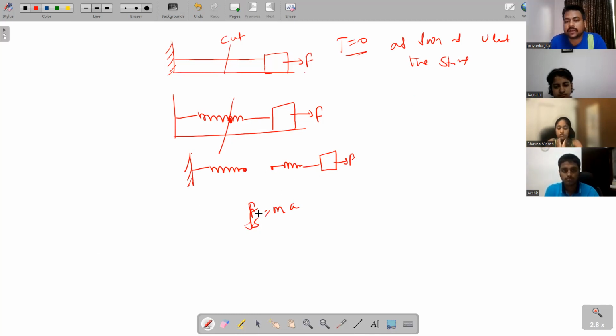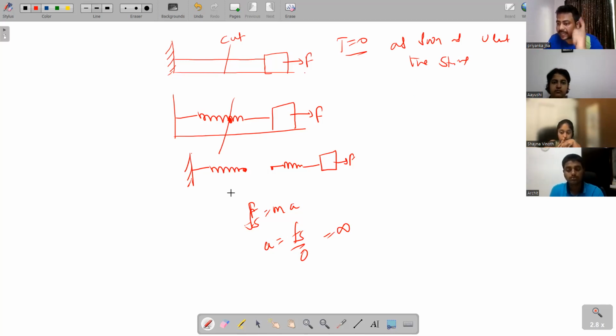So the acceleration will become F upon 0, means infinity. It means that as soon as you cut the spring, this end of the spring will have infinite acceleration. So very fast, it will go to its original position, its natural length, in a fraction of a second.